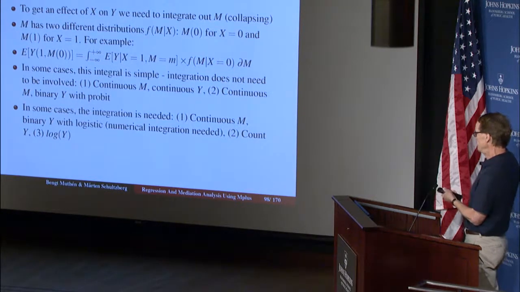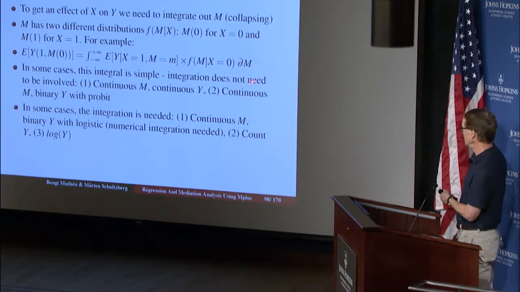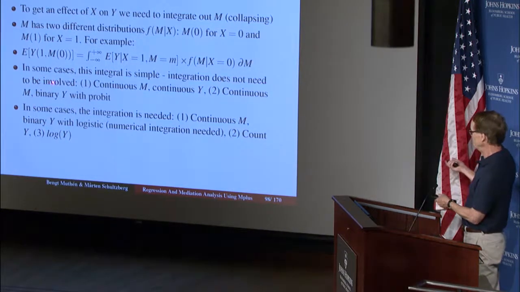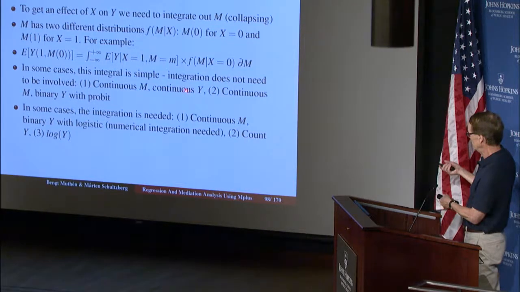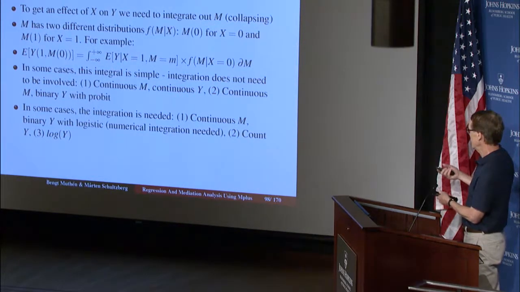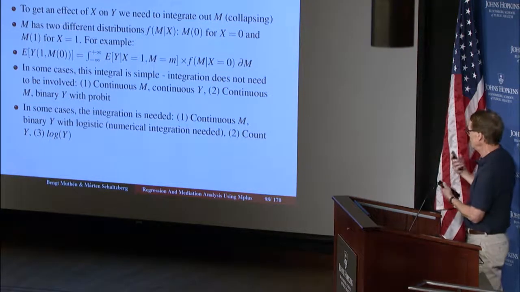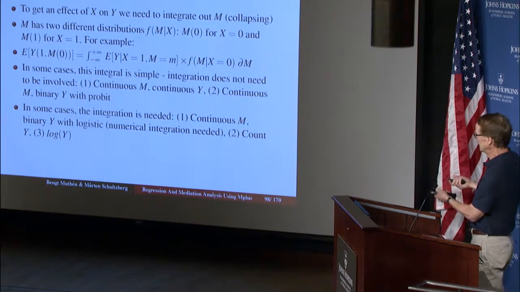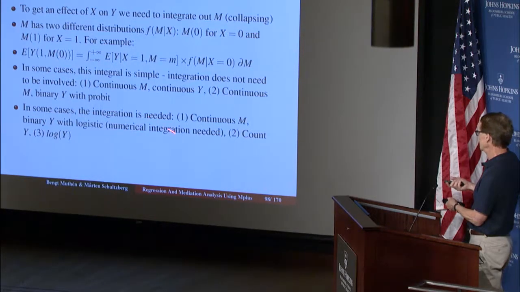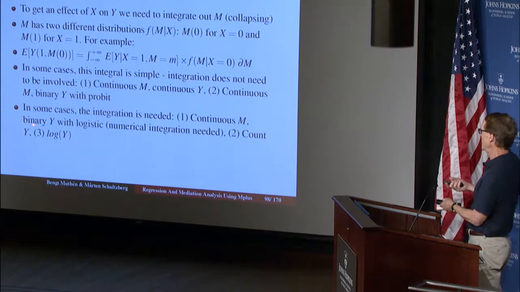In some cases, this integral is simple, and you don't need to do it. You wouldn't have to show it at all, and that's the case for continuous m, continuous y. I don't need to do this integration. And also for continuous m and binary y with probit, you don't need to do the integration. In some cases, integration is needed: continuous m, binary y with logistic instead of probit.